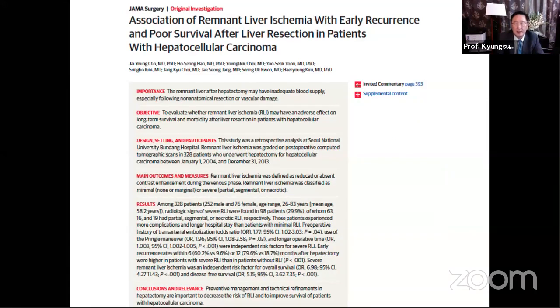And recently, Dr. Zhou in Bundang Seoul National University reported in JAMA Surgery the association of remnant liver ischemia at resection with early recurrence and poor survival after resection in HCC.